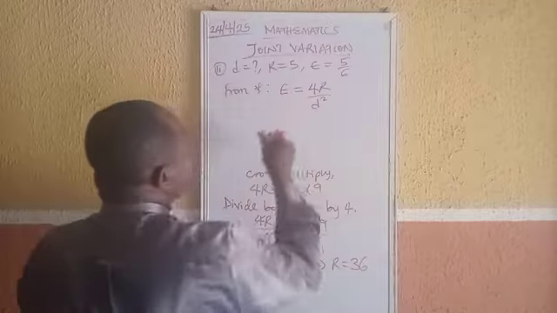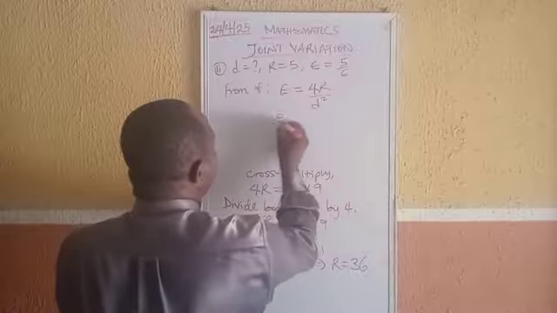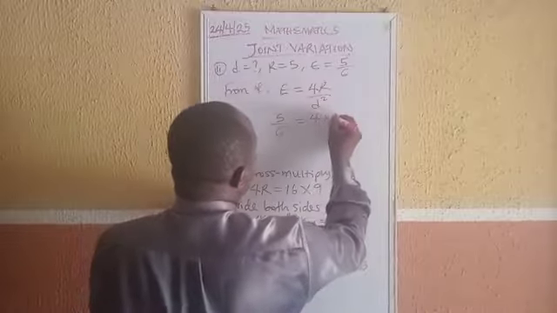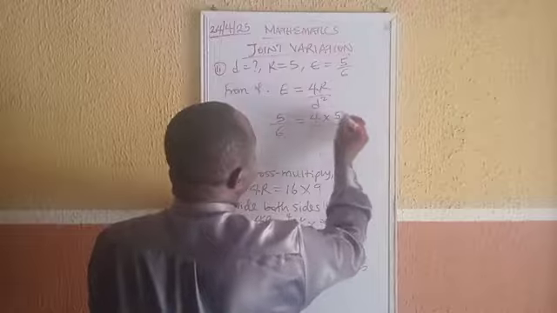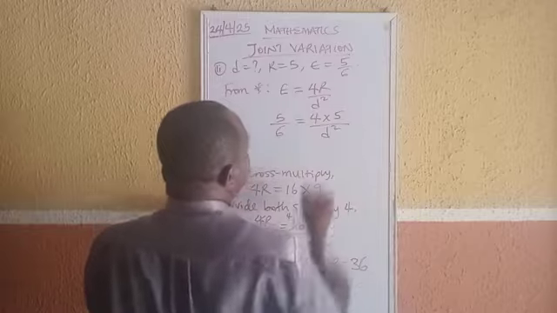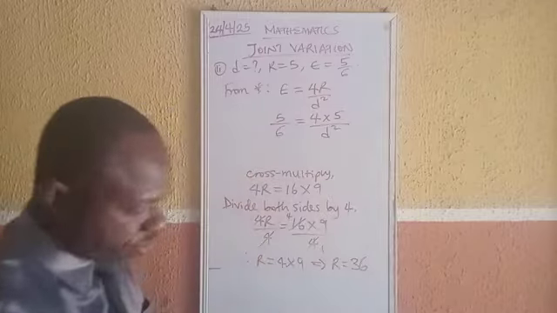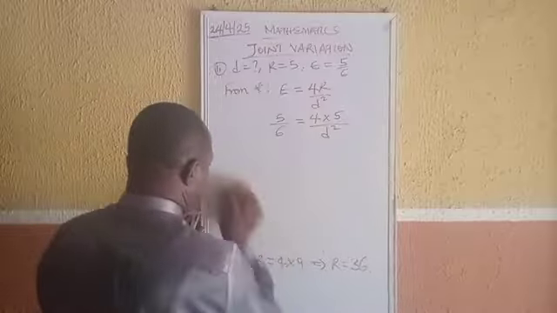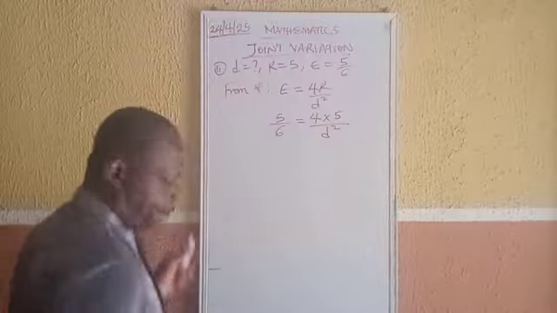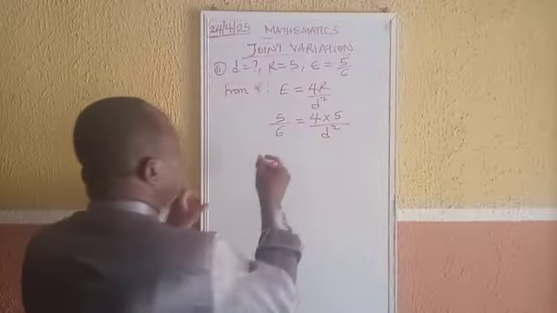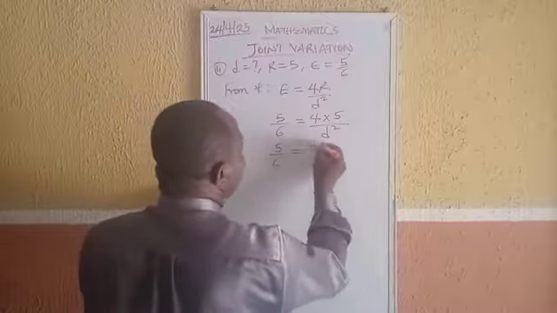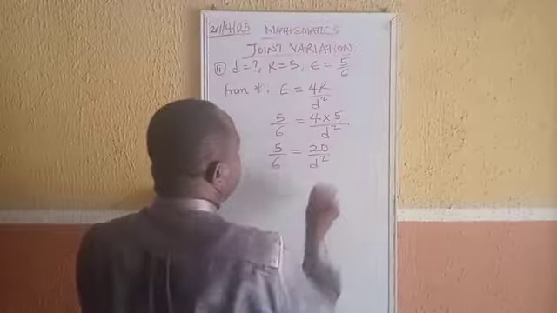So here we are given E as 5/6 equals, r is 5, then we are asked to find d square. So that is 5/6 equals 4 times 5 is 20 over d square.